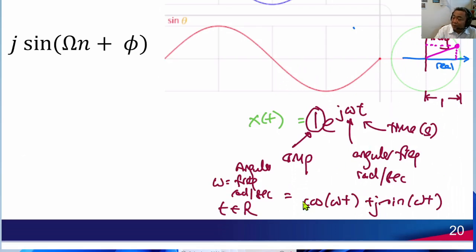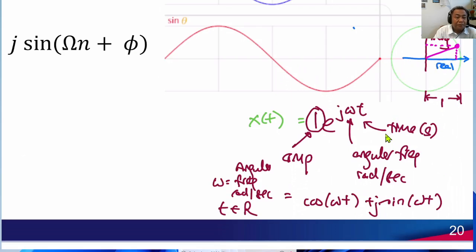Along this axis will be the real part at time t, and along this the imaginary part. And you will see that the phasor is rotating. Depending on the omega, it rotates clockwise or anti-clockwise. If omega is positive, by convention it is rotating anti-clockwise.